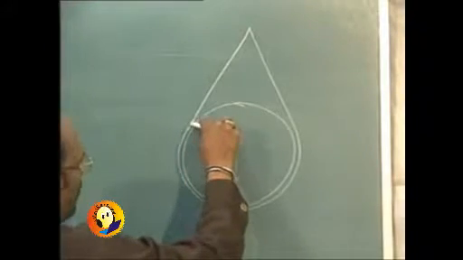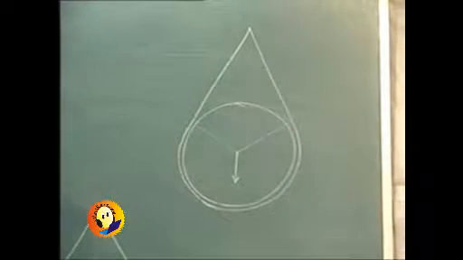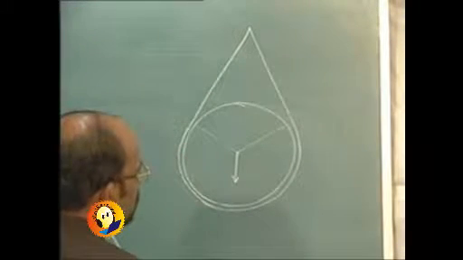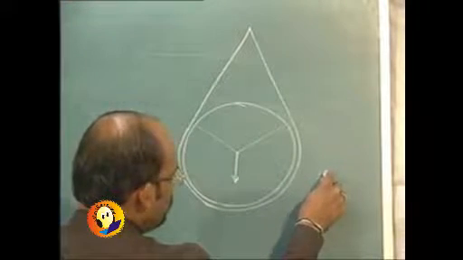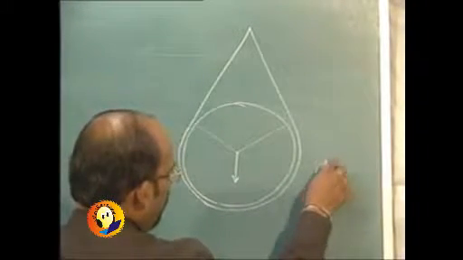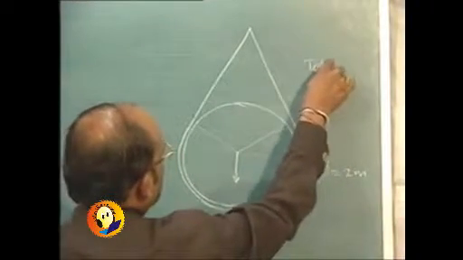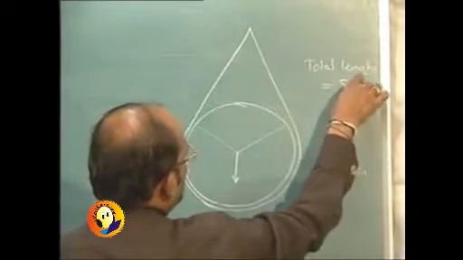The problem over here is that we will have to find the length which is in contact. The total length will be given to us, and the diameter is also known to us. Say the diameter of this is given as phi equal to 2 meters, and the total length is equal to 5 meters.